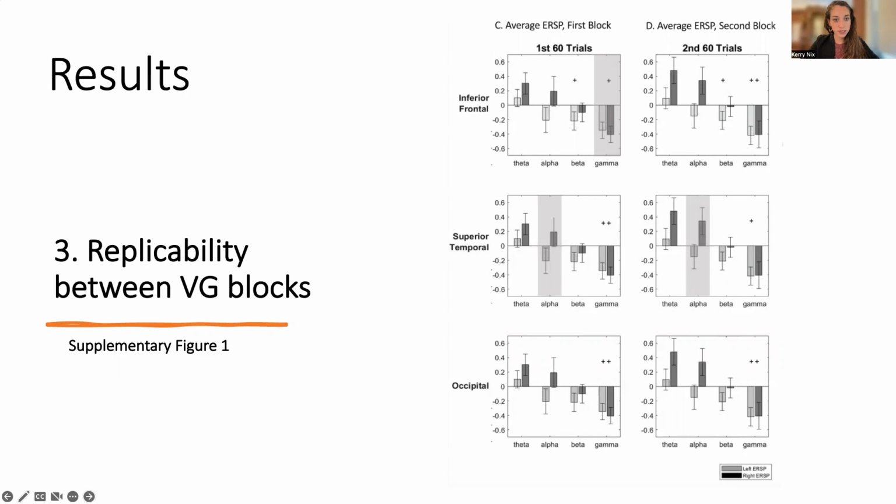There are a couple differences where we don't see the asymmetry in the second block, where we see it in the first, and also in the superior temporal, there's no gamma ERD in the right superior temporal in the second block, while there is in the first.